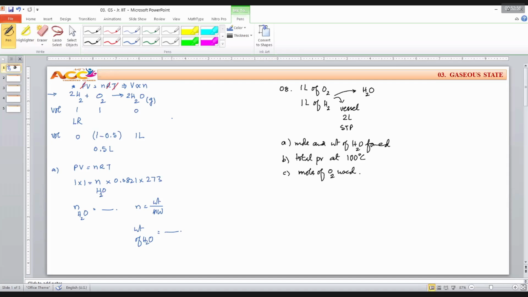0.04 moles of water. Okay, very good. Right. 0.803, you are right.